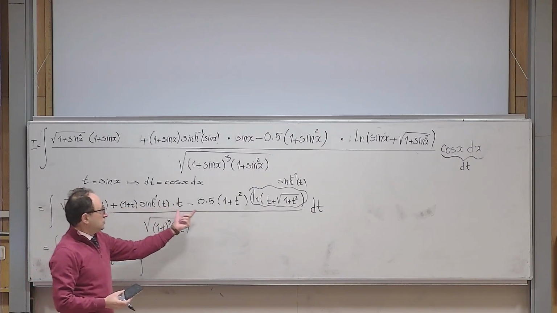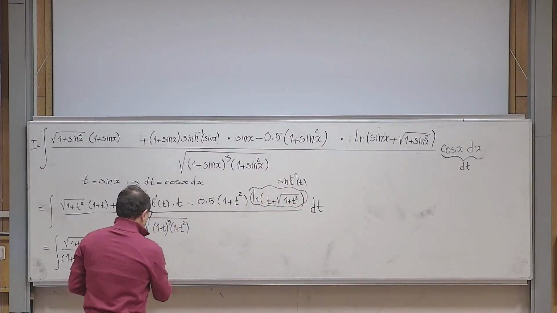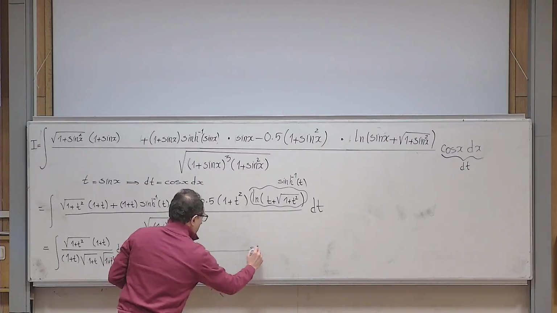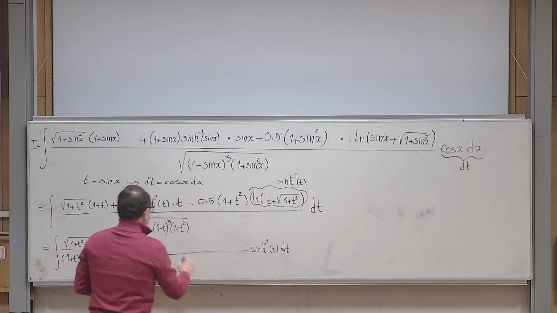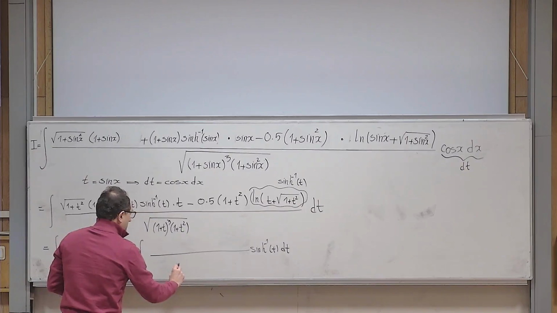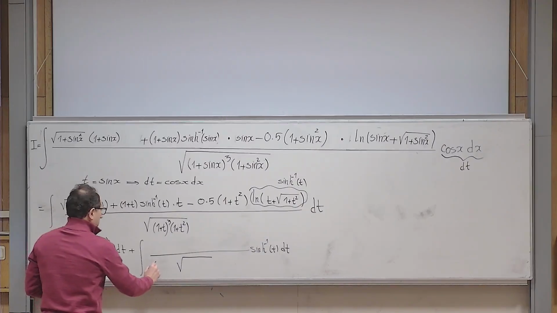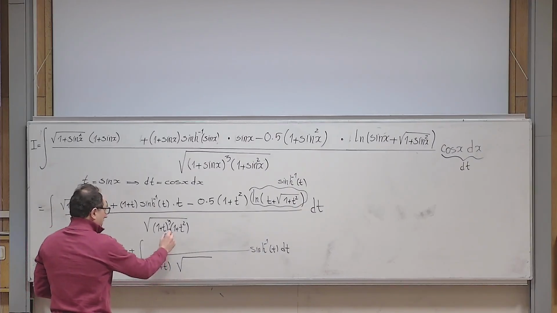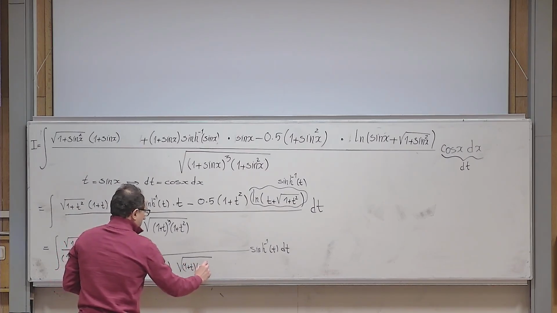But these two have this sine hyperbolic inverse of t in common, so let me pull it out here, dt, and the denominator I can write for the time being like that, or I can write it like this, 1 plus t, and then 1 plus t, and then 1 plus t squared.